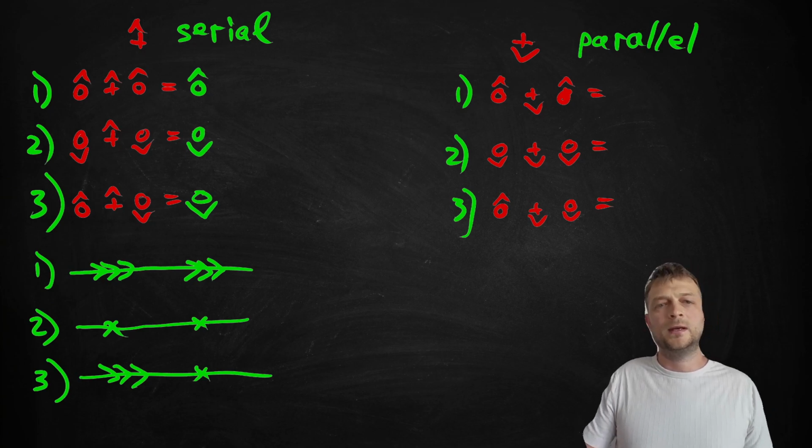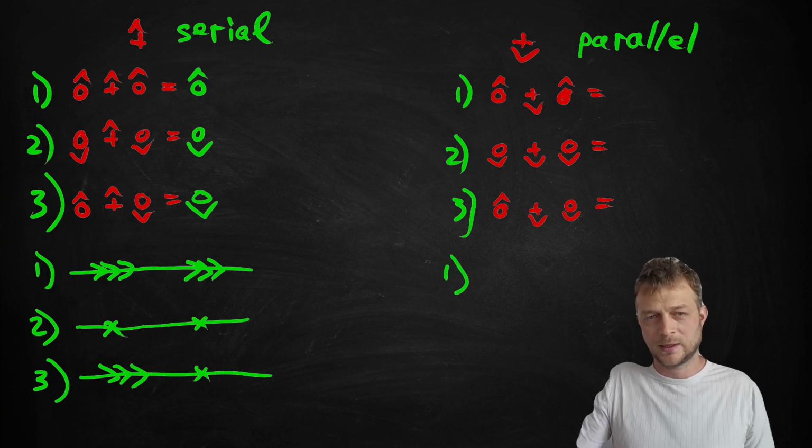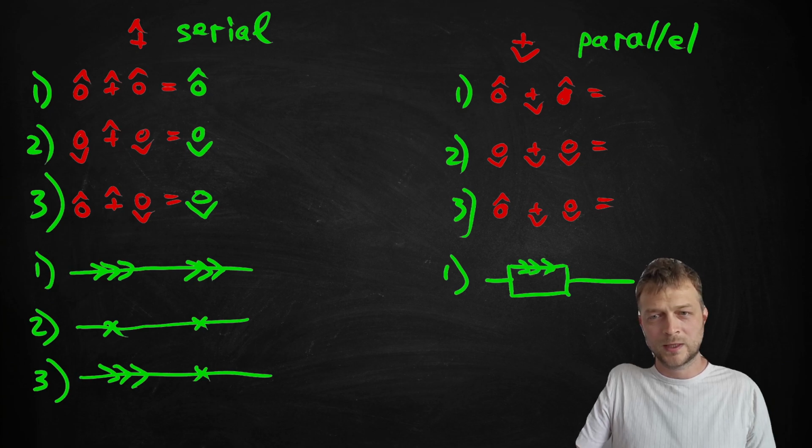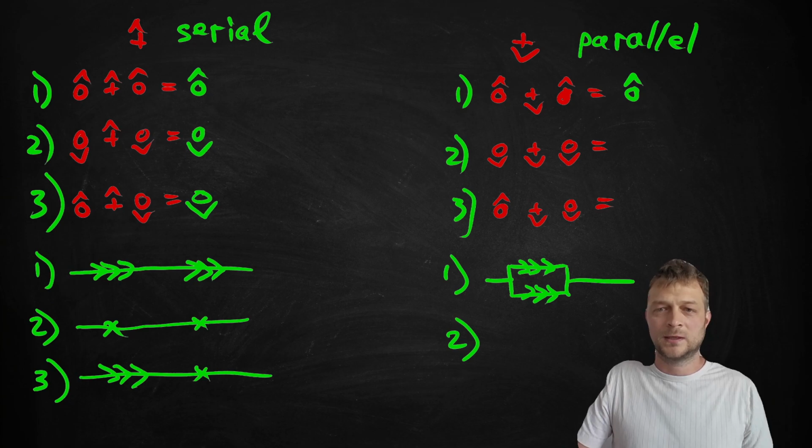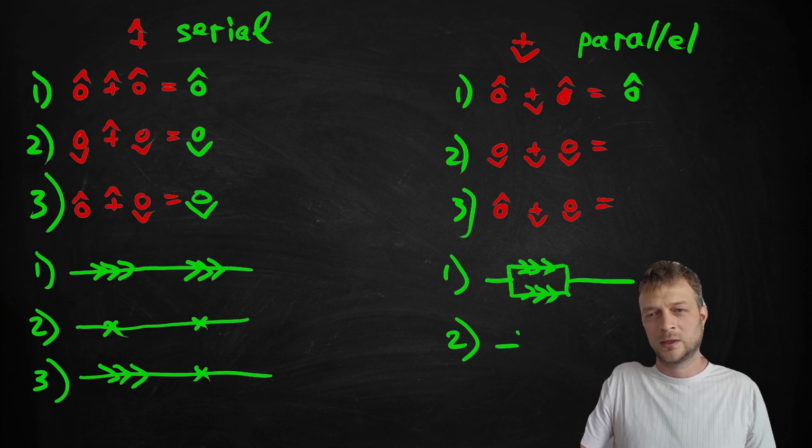Okay, let's move on to the right side. Two superconducting elements connected in parallel. We can show it like this. Of course, the result will be a superconducting element. For the second one, we have two cut wires connected in parallel.